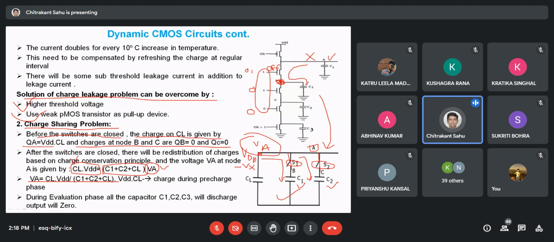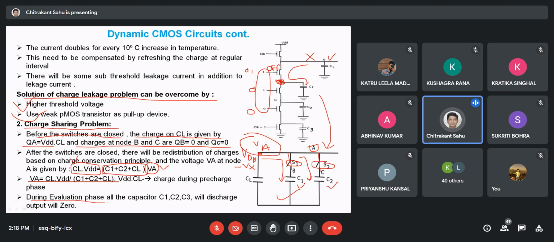So in certain input conditions the charge sharing problem will arise, and that will lead to a problem when it is maintained at that particular input level for a longer duration of time. That will cause the flipping of information also. That should not happen, flipping of information; it is an undesired phenomenon that we don't want.